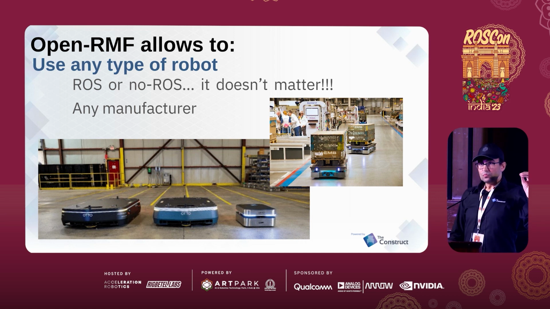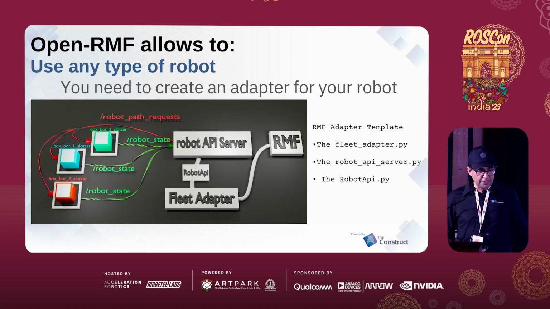Somehow, you have to be able to send a command to the robot, like a position, and get a status, like a battery and the location. If the manufacturer provides this, which is almost, I would say, 100% of the robots, but maybe some very old ones don't, then you are in business. So for using any type of robot, what you need to do is to create an adapter for your robot.